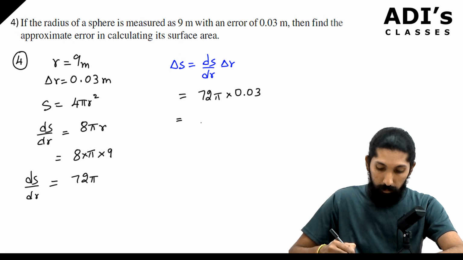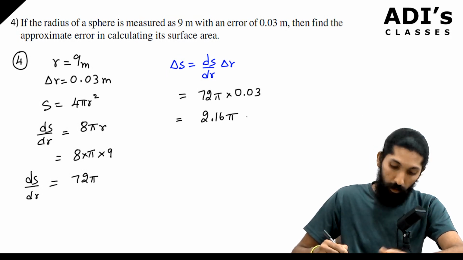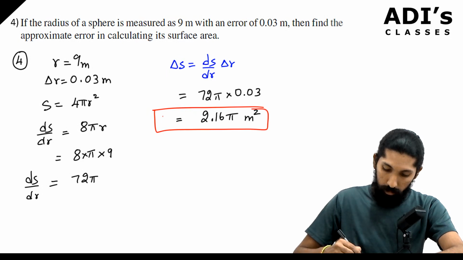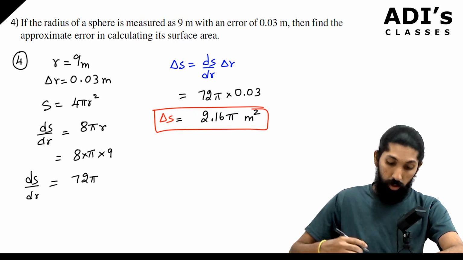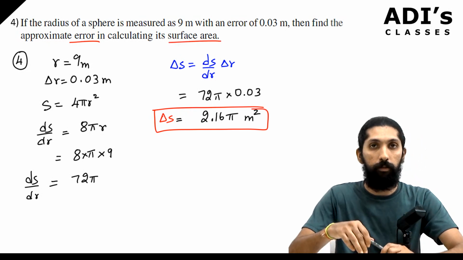You need to calculate this one, which will be 216. 216 by 100 is 2.16. 2.16 pi. So many meters square. This is going to be the value. This is delta S. So the error in calculating the surface area is going to be this one.